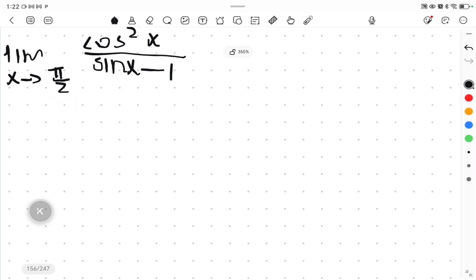If I substitute pi over 2 using radians, what do I get? Pi over 2 is obviously 90. I get 0 also on the denominator. So this is the form 0 over 0. Obviously sine of pi over 2 would give us 1, and then 1 minus 1 is 0.